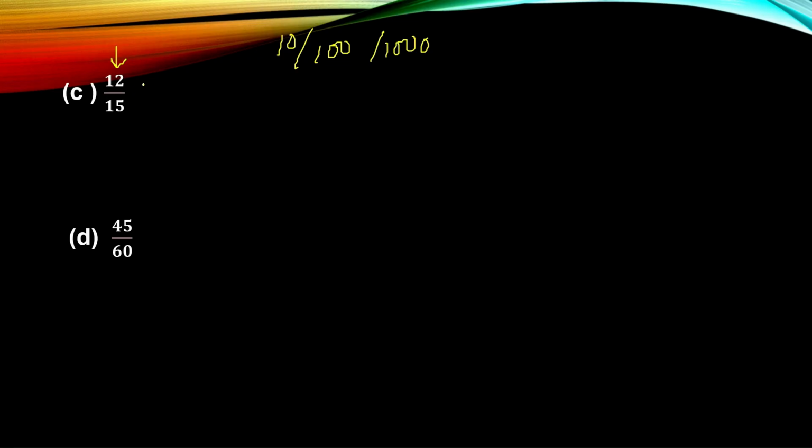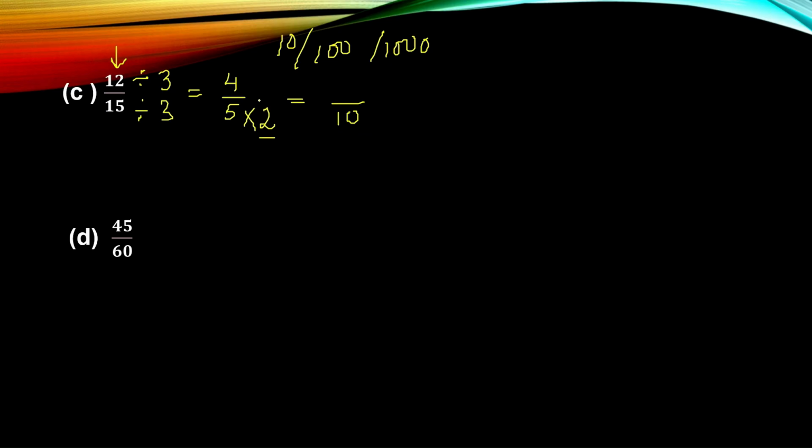As we know, 3 is the common factor. So we'll divide the numerator and the denominator by 3 and we will get the fraction 4 by 5. Now this 4 by 5 can be easily converted to a denominator of 10, 100 or 1000. So this can be converted to an equivalent fraction having a denominator of 10. We know that 5 times 2 is 10.